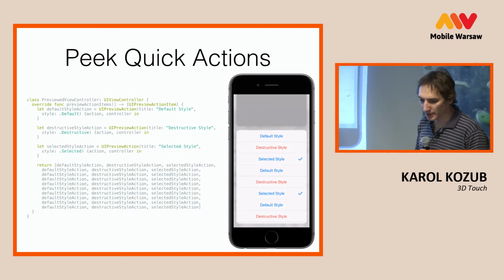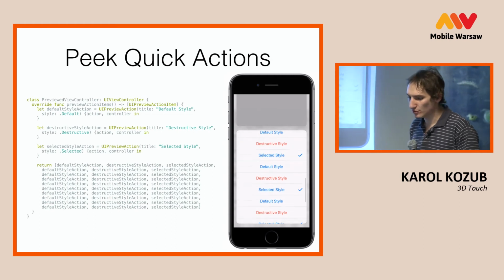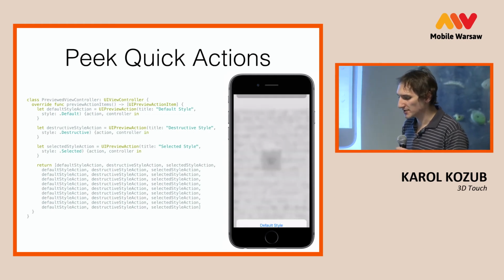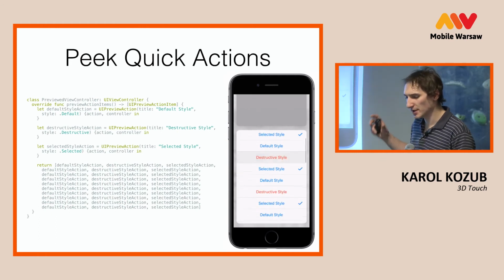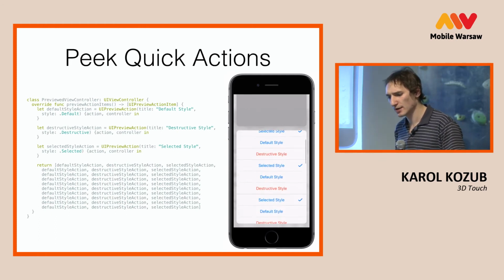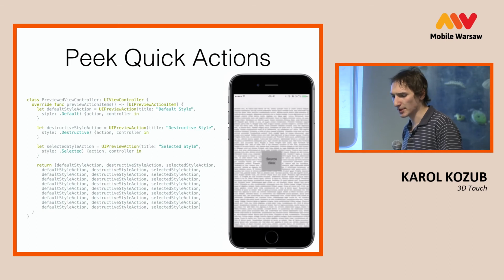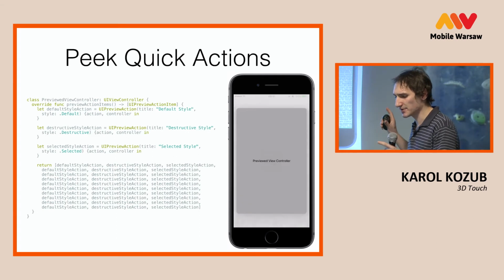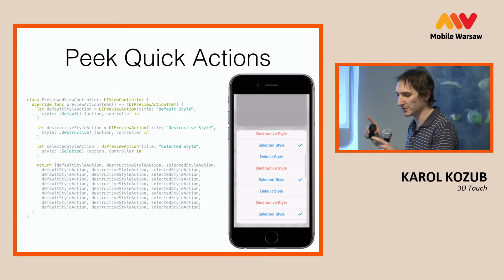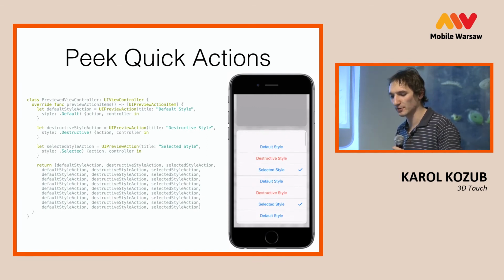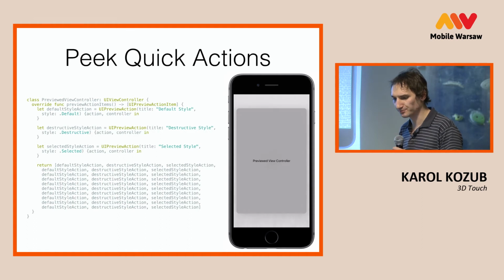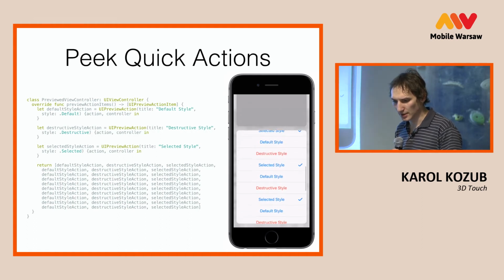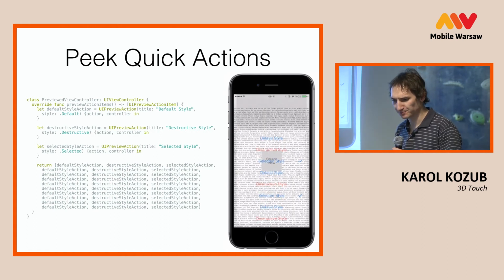Another thing we can do is show a lot of actions, and in this case, the action menu takes up about 2/3 of the screen, and we can scroll through the actions then. So there is always a bit of context, a bit of the previous view controller visible, and the rest is scrollable. Okay, so that's peek quick actions.